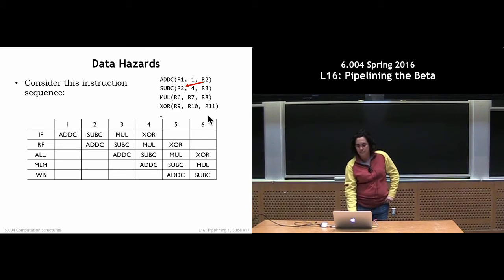Because add C here is writing to register R2, and this sub C is trying to read the value of register R2. Now, when sub C is in the RF stage, this happens in cycle 3, okay?